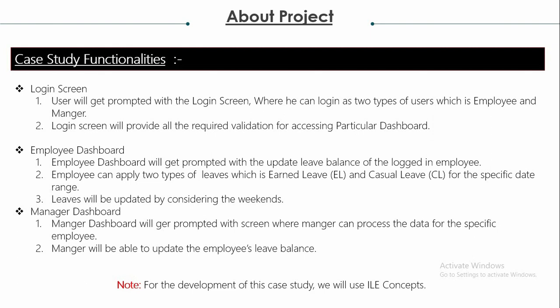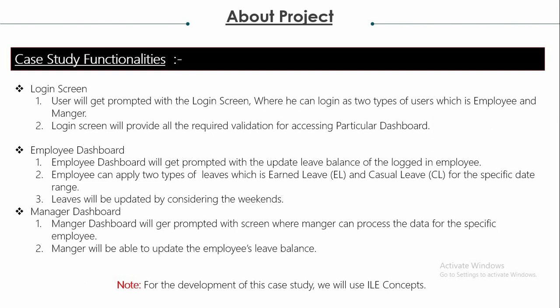Another thing we are going to provide is that the user can apply for two types of leave. First one is the earned leave, and second one is the casual leave, for a specific date range. Through this screen he can directly put the start date and end date for a particular range, and on the basis of that we are going to apply the leave for that employee.